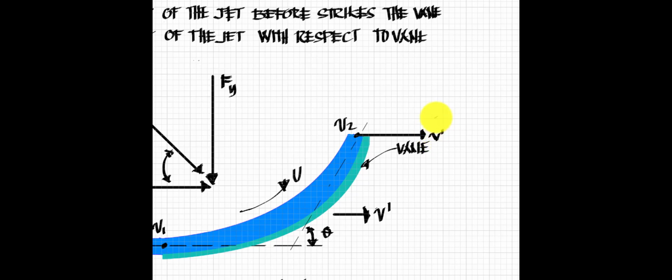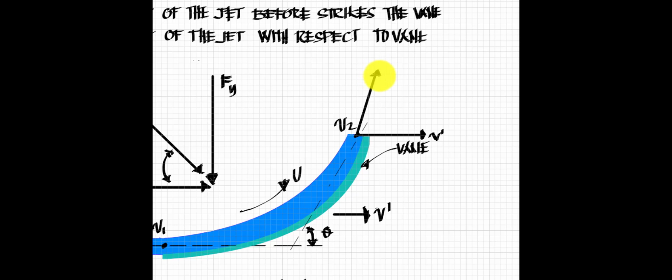Then we shall also have your relative velocity traveling here. So our relative velocity will be along the path of your jet going out here.